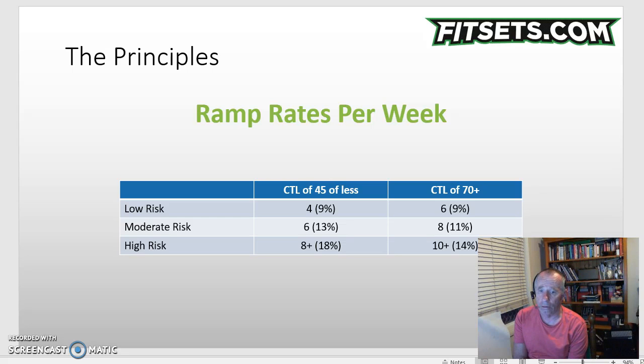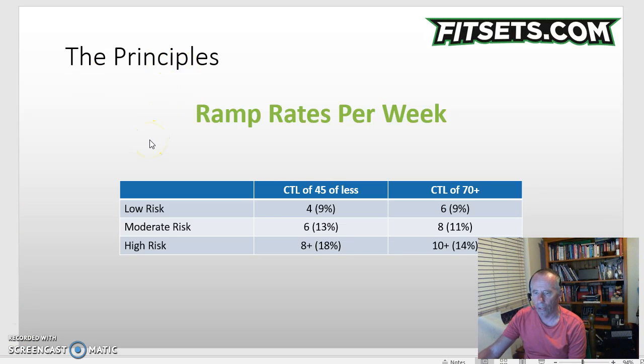Training Peaks, in the new features, has got a great little warning that if we try and get them to a CTL and there's not enough time to get there below the ramp rates, it gives us a clear marker that, hey, you might need to rethink your plan, you're too aggressive. So ramp rates are important, and really they help us control volume.